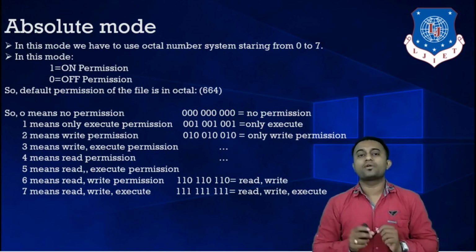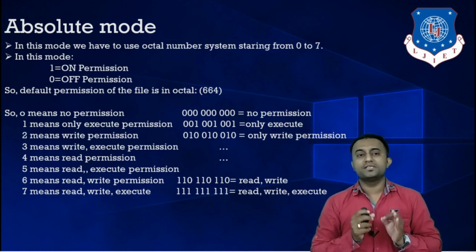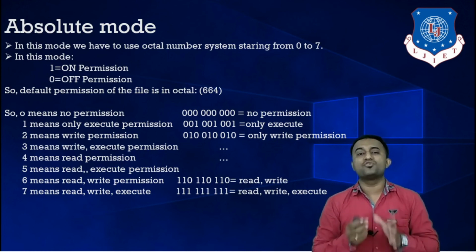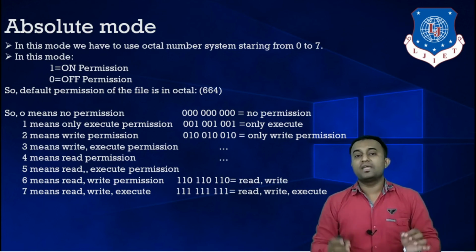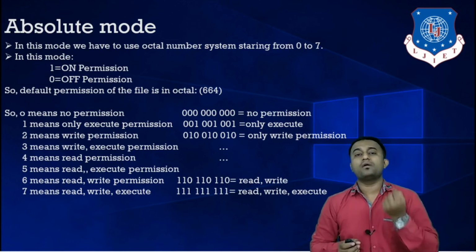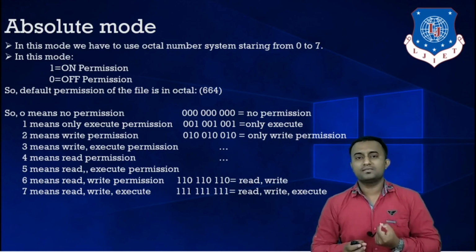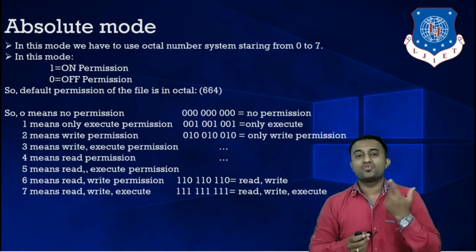But suppose the digit is 1. 1 means only execute permission, so everybody can execute the file only. 001, 001 and 001.